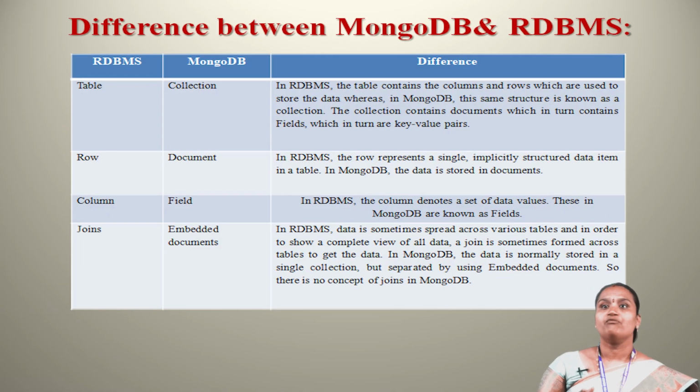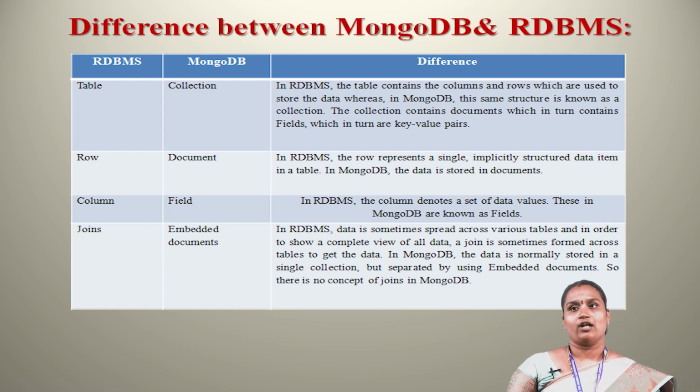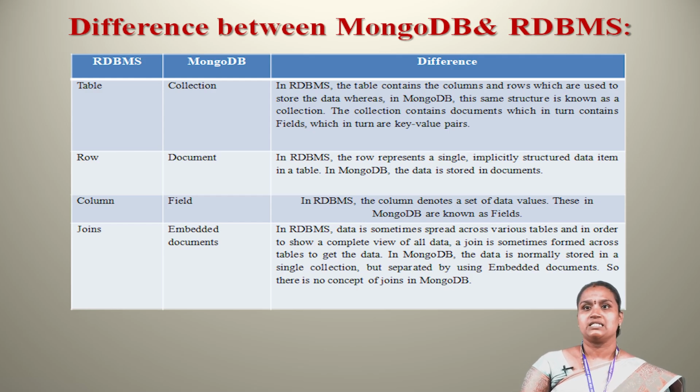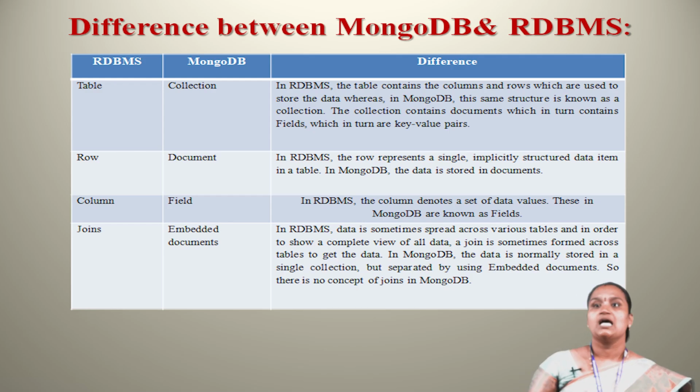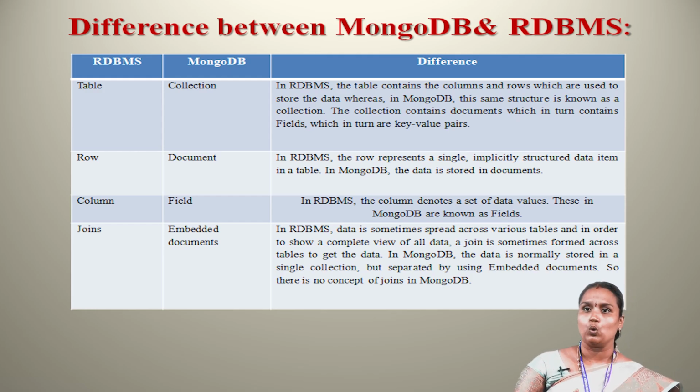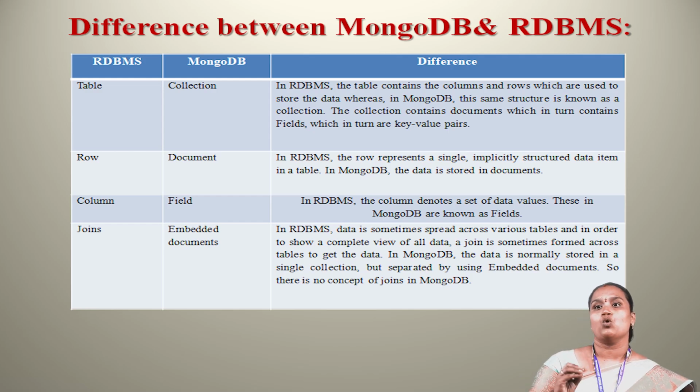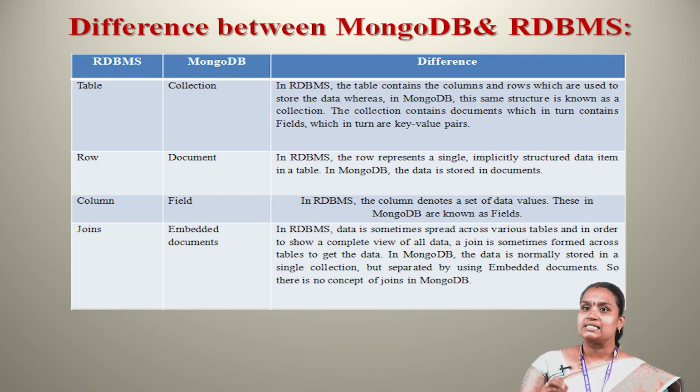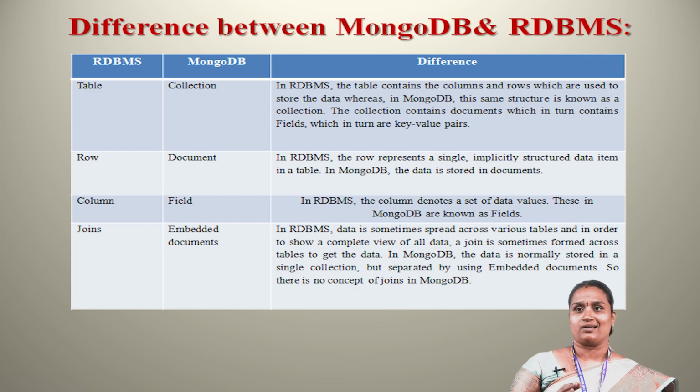The next one is the difference between MongoDB and relational database management systems. The relational system has a table, MongoDB has a collection. The difference is in the RDBMS, the table contains columns and rows which are used to store data, whereas in MongoDB, the same structure is known as a collection.